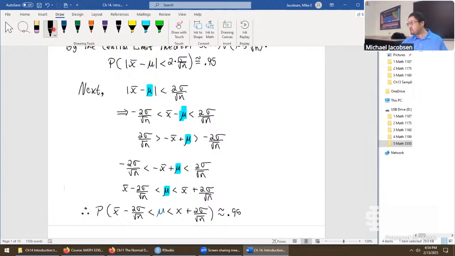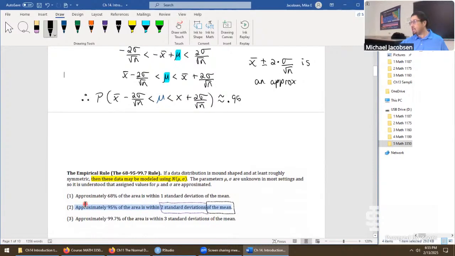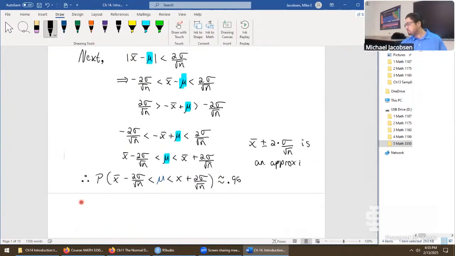And then we say from this, x bar plus or minus 2 times sigma over root of n is an approximate, because we used an approximation right here, is an approximate, what we'll call 95% confidence interval.